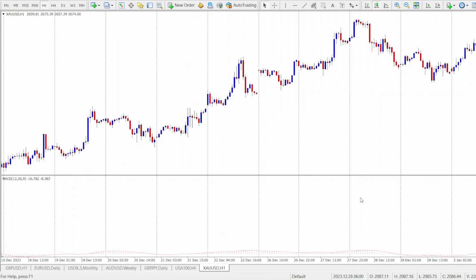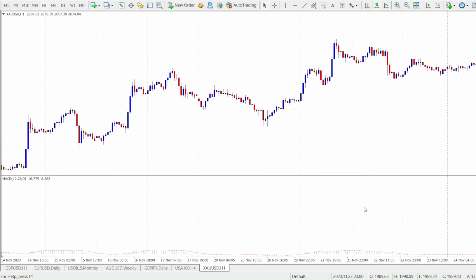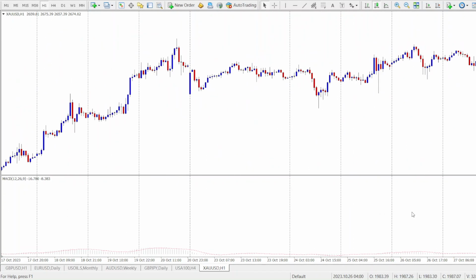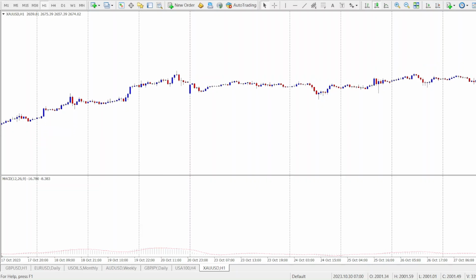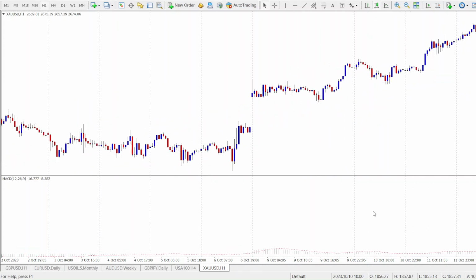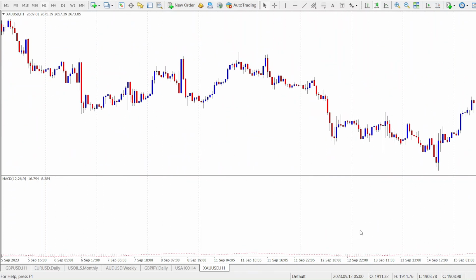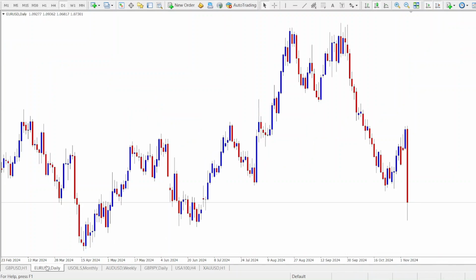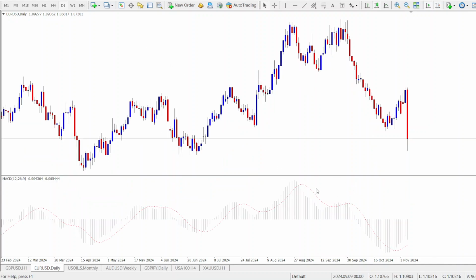Let's go to a smaller time frame, and let's try another currency pair.